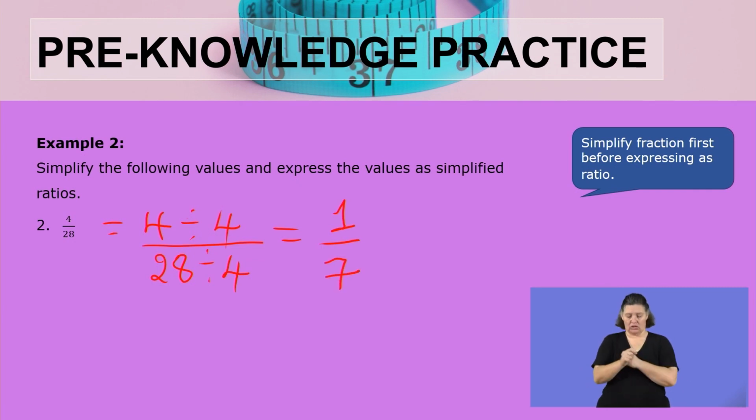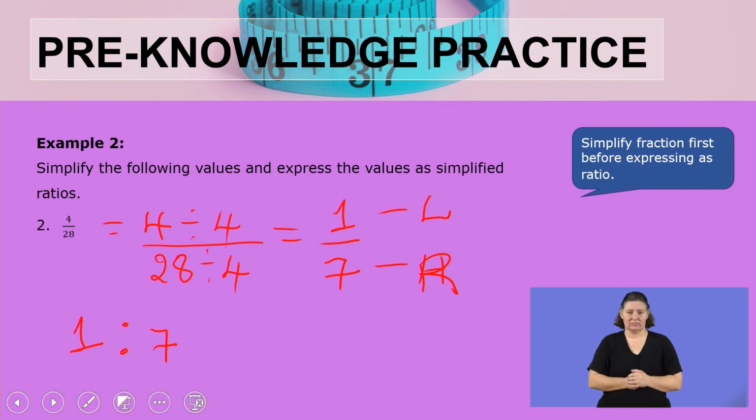Therefore, once more, our fraction is 1 over 7, which is simplified. But then to express it, we know the numerator will be on the left-hand side and the denominator will be on the right-hand side. Therefore, 1:7 once more. So we have simplified that.